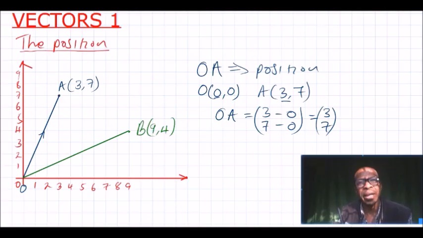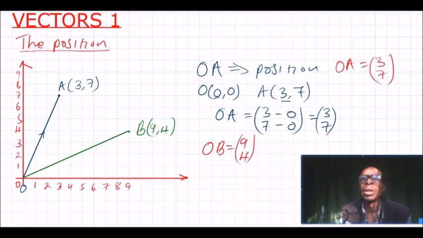Note that if you are given a point on the Cartesian plane and you are asked for the position vector, it is the same as writing the coordinates in column form, or vertical form. So OB is equal to (9, 4). I don't even need to subtract, because I know the starting point is (0, 0) and it will just give me the same. So that is the position vector.